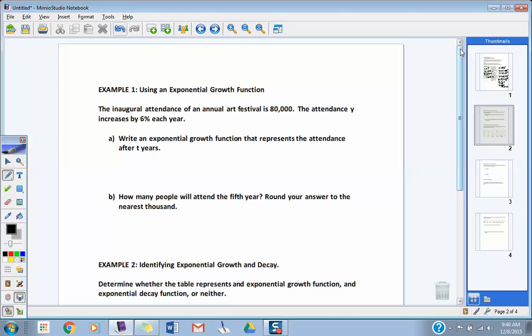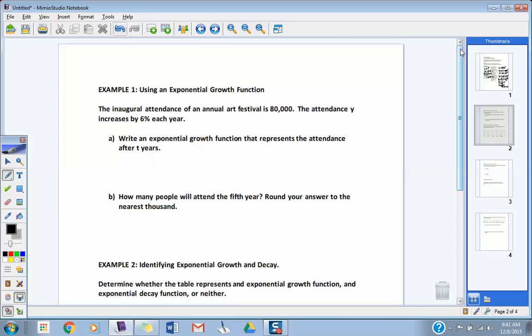Inaugural attendance of an annual art festival is 80,000. The attendance will increase by 6% each year.